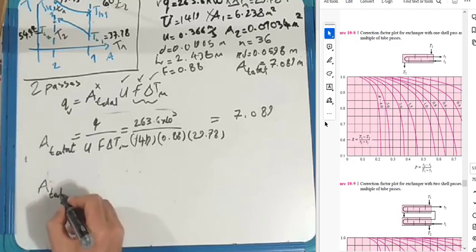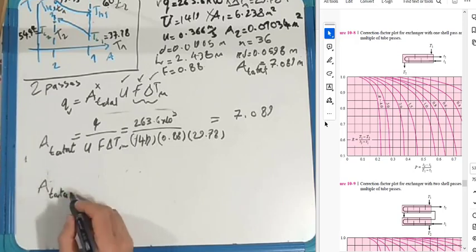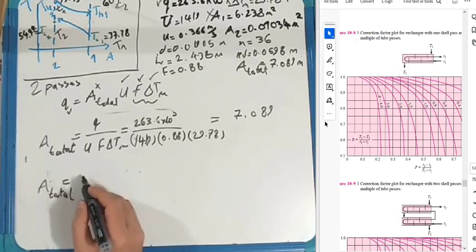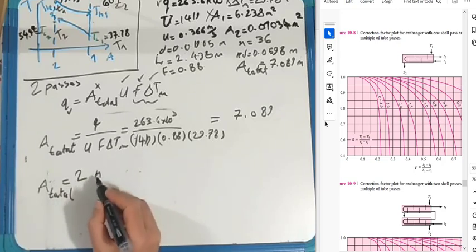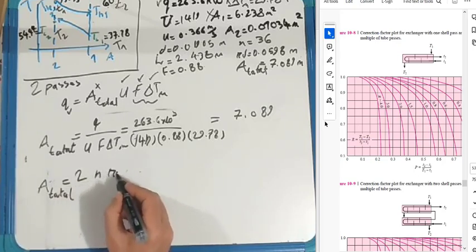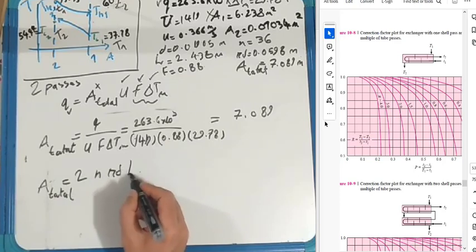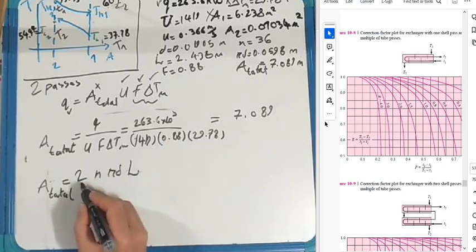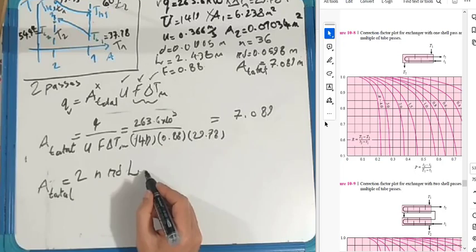And I should now calculate L. I have a formula here. We have 2 passes. Multiply by n, multiply by perimeter, and multiply by the length of each pass.